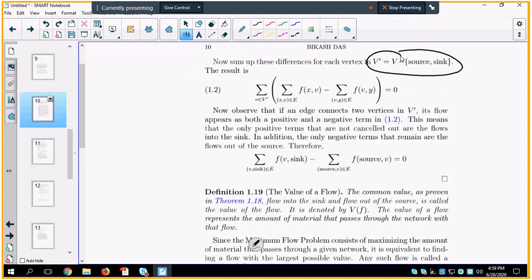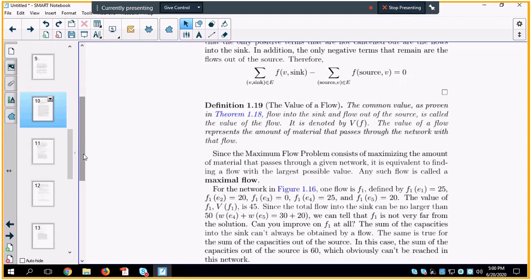So now observe that if an edge connects two vertices in this graph without the source and the sink, then its flow appears as both a positive and negative term, meaning that the only positive terms that are not canceled out are the flows into the sink. And the only negative terms that remain are the flows out of the source. So you must have that the flows into the sink minus the flows out of the source should total to 0.